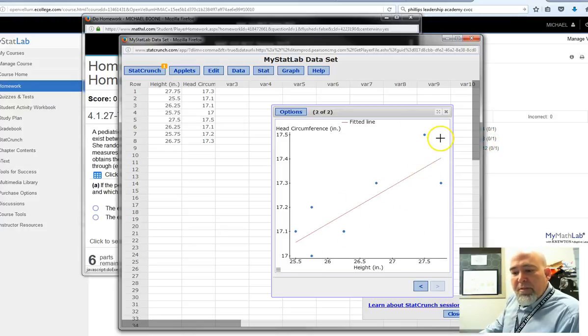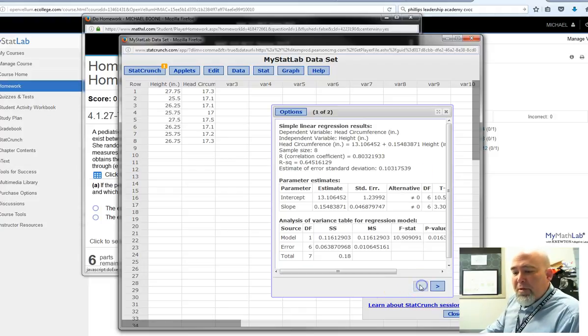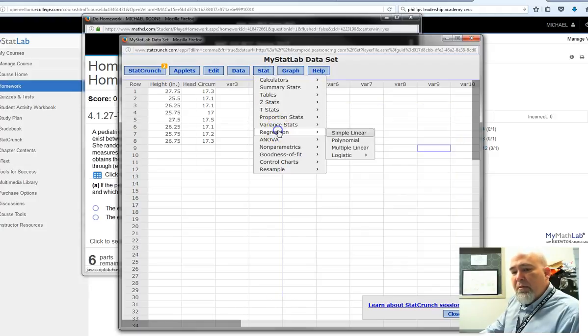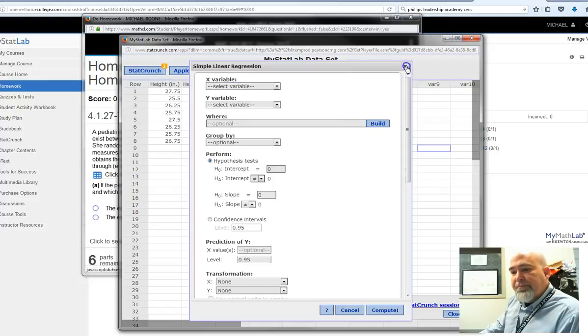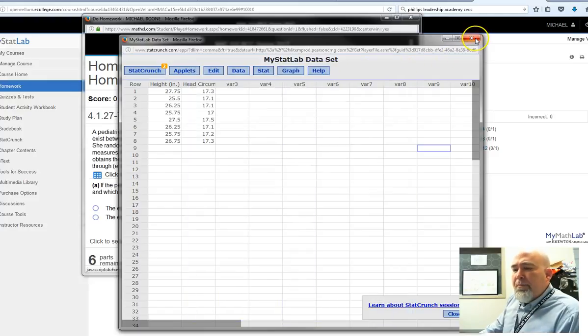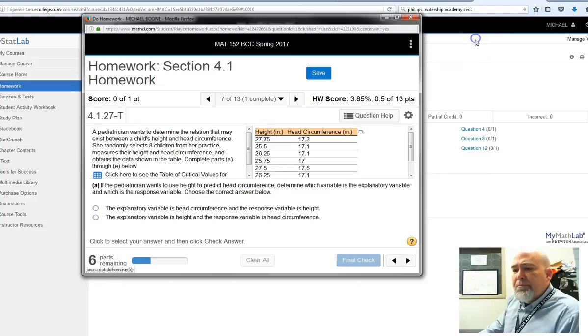We get the scatter plot, the fitted line, which we'll talk about in another section, and our correlation coefficient. That's very handy. It does a lot of things in one place. To get there again: stat, regression, and then simple linear. That'll help us solve these other problems in section 1.